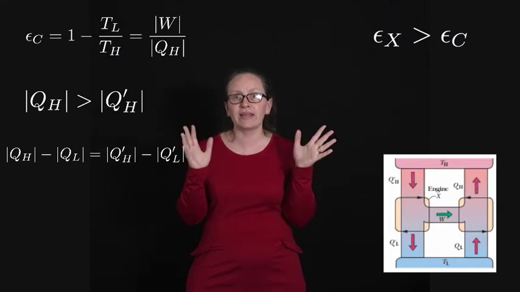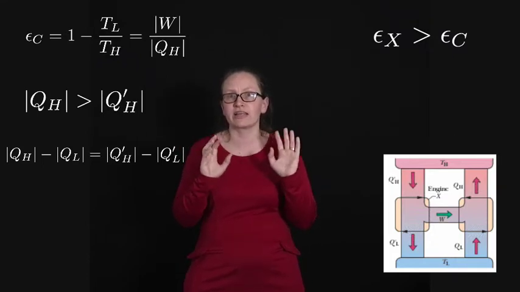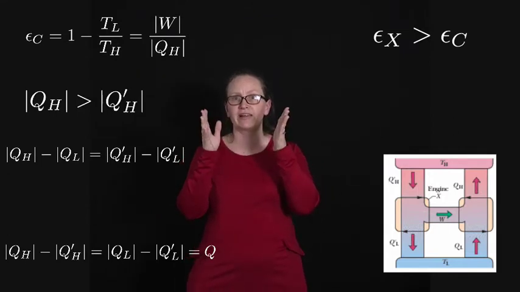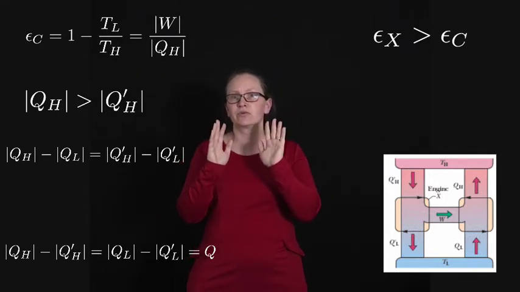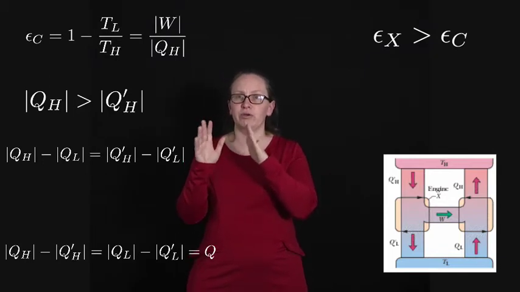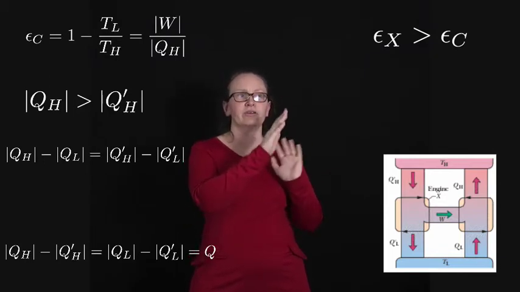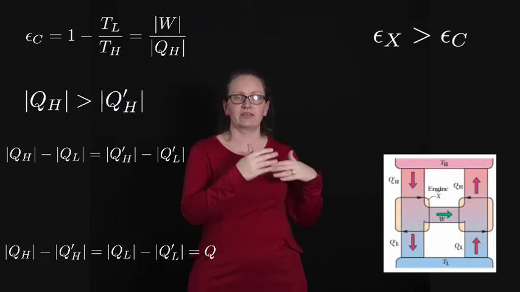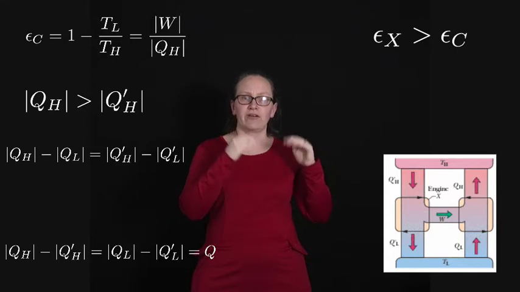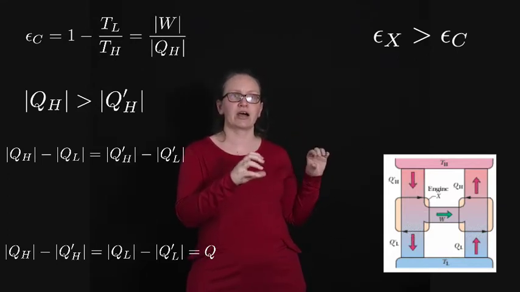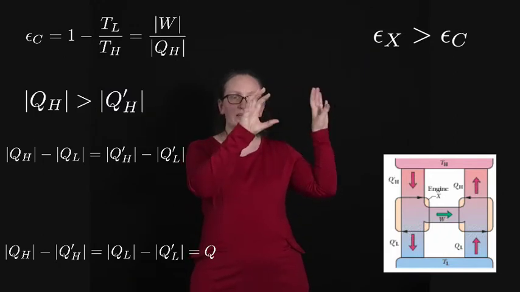Okay, now algebraically, we can just rearrange this a little bit and we end up with the absolute value of QH minus the absolute value of QH prime is equal to the absolute value of QL minus the absolute value of QL prime. And looking at the figure here, we can see that that is the amount of heat which is transferred in one cycle from that lower temperature up to that higher temperature.